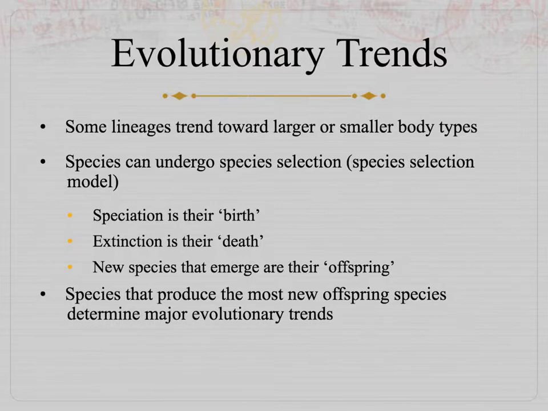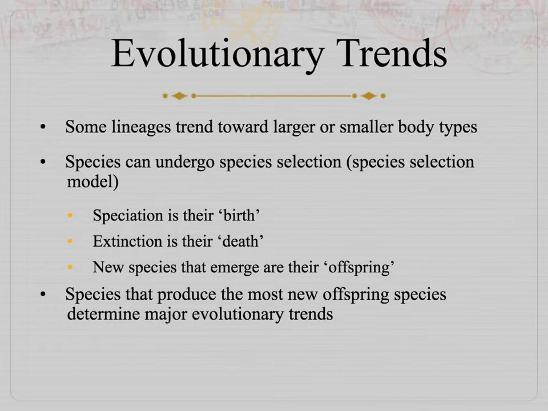And this is the species selection model. If we look at this, speciation events are the birth of the species. Extinction would be the death of the species. And then new species that are created from that species would be their offspring. That's a lot of species in a row. Hopefully you understood that.